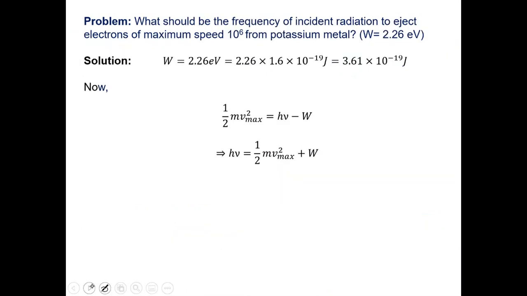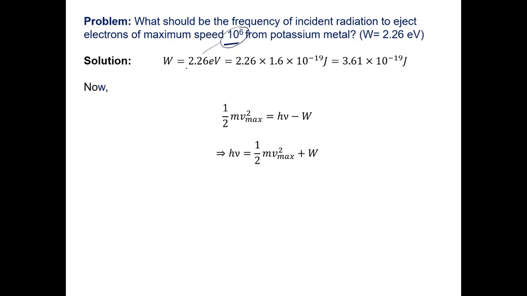Okay, let's move to the next problem. What should be the frequency of incident radiation to eject electrons of maximum speed of 10 to the power 6 meters per second for potassium metal? Now you have the speed of the electrons which are coming out.